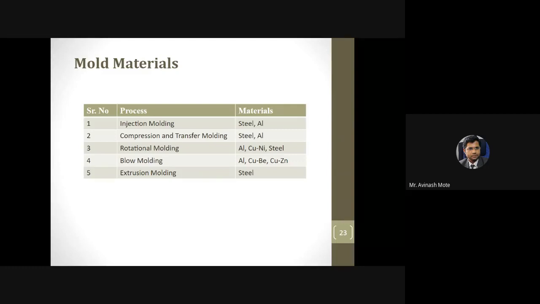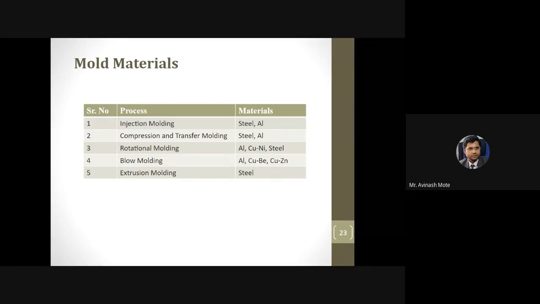Steel is preferred because of its non-sticky nature, because otherwise it will be very difficult to remove the component from the mold. Aluminum also, if you check the surface of the aluminum, is a glossy surface. The only thing is that steel has more strength, aluminum has less strength.